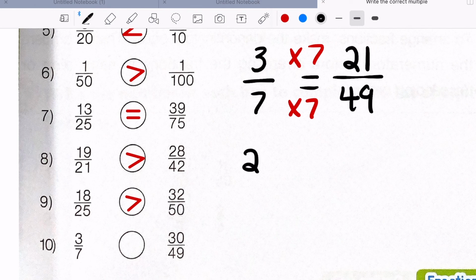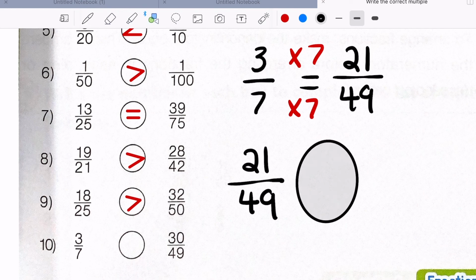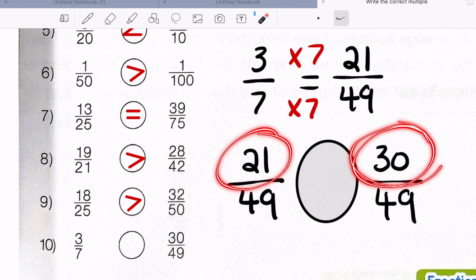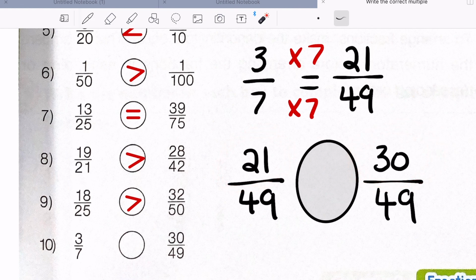So 21 over 49 compared to 30 over 49. So which one is bigger? Same denominator, so we're going to look at the numerator. 30 is bigger than 21.